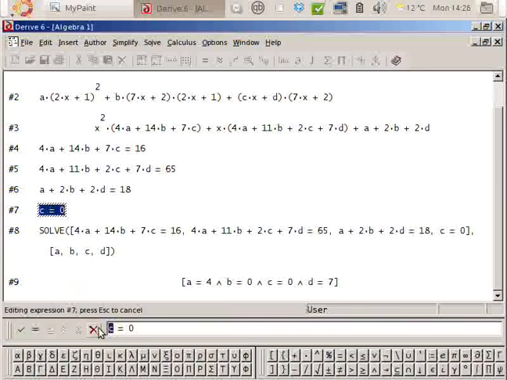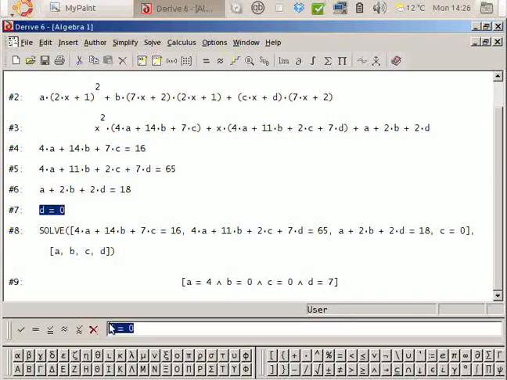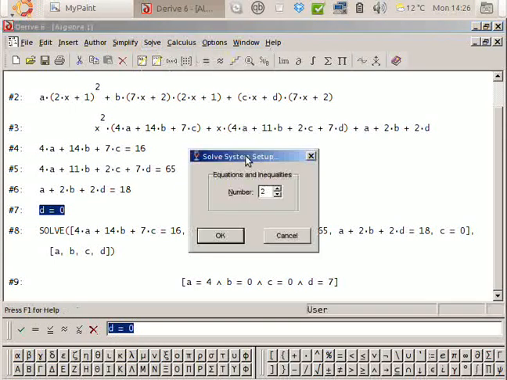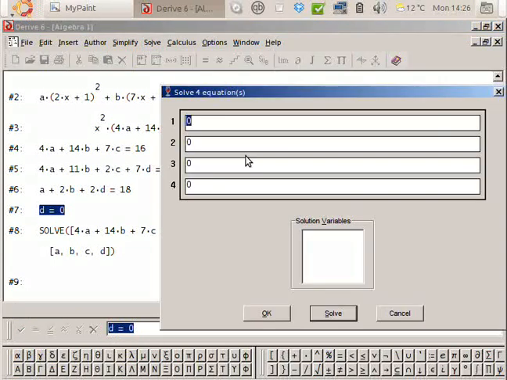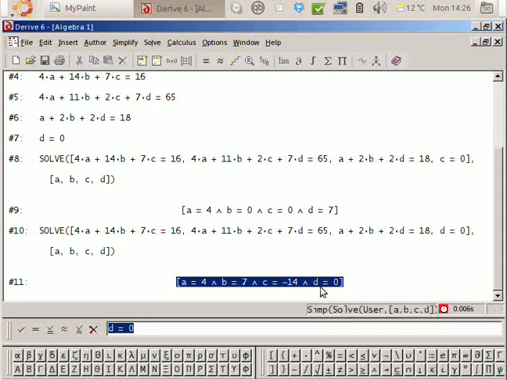I said maybe D could be 0. So if I try this now, solve system, same deal, 4 equations, lines 4, 5, 6 and 7, and you see I get this answer. You see how I get two different answers?